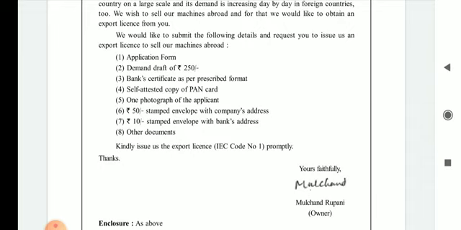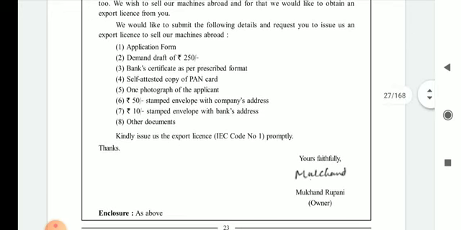And these are the basic documents which are necessary for getting the export license. So here you have to write these 8 documents' names; it is compulsory while writing this type of letter, and this type of letter is one of the most important letters for your concern as well as the board examination.